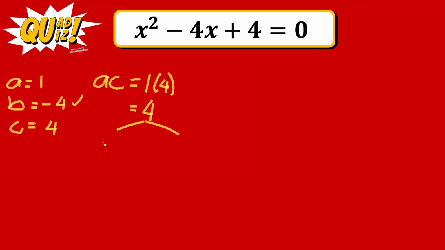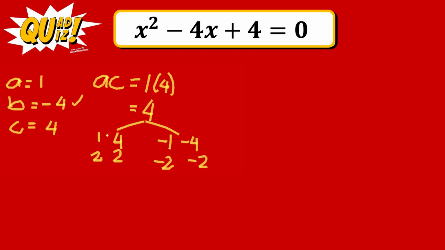We know that the factors for 4 is 1 and 4. We could also have 2 and 2. We could also have negatives, -1, -4, and we also have -2 and -2. These 4 pairs of factors, when multiplied to their corresponding pair, will result to the result of AC, which is 4.